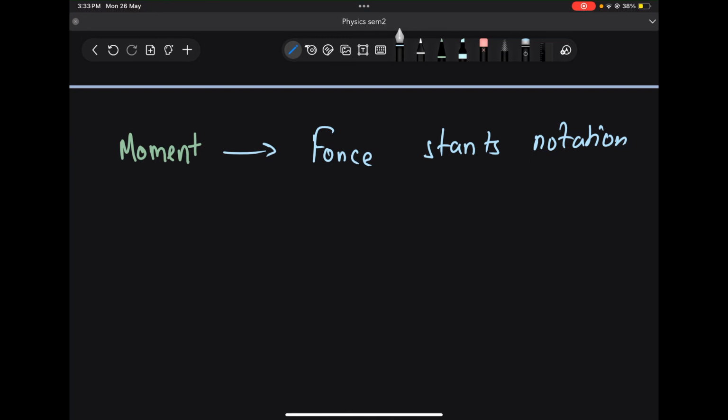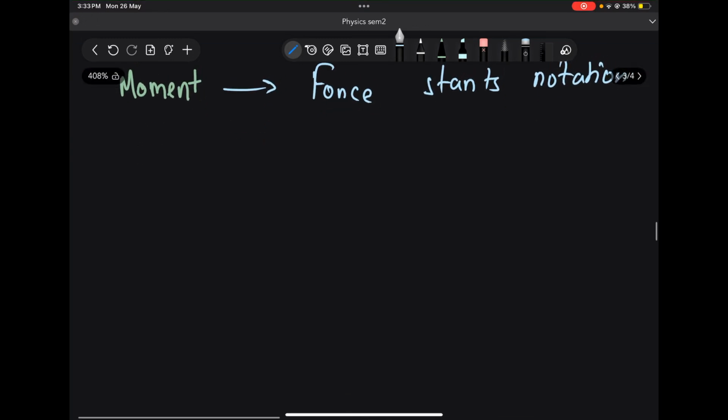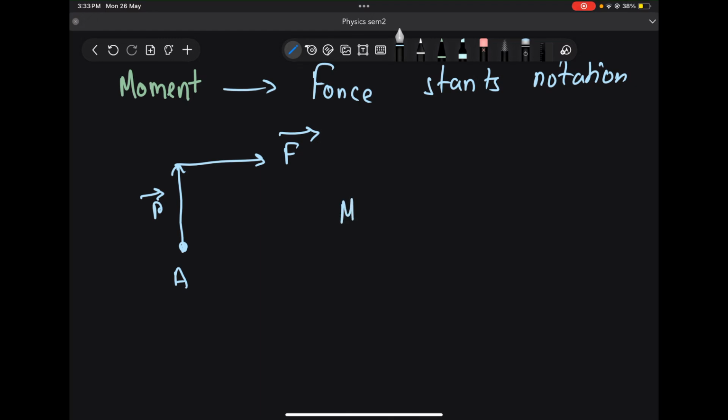Now of course this is no definition, but this is just a layman's way of explaining what moment of a force is. So of course if I have, let's say, a force, this is suppose the r vector and this is suppose the F vector, and this is the point A. So if I need to calculate moment about A, I will write this as r cross F. And you can understand that since this is a cross product, this is also a vector.